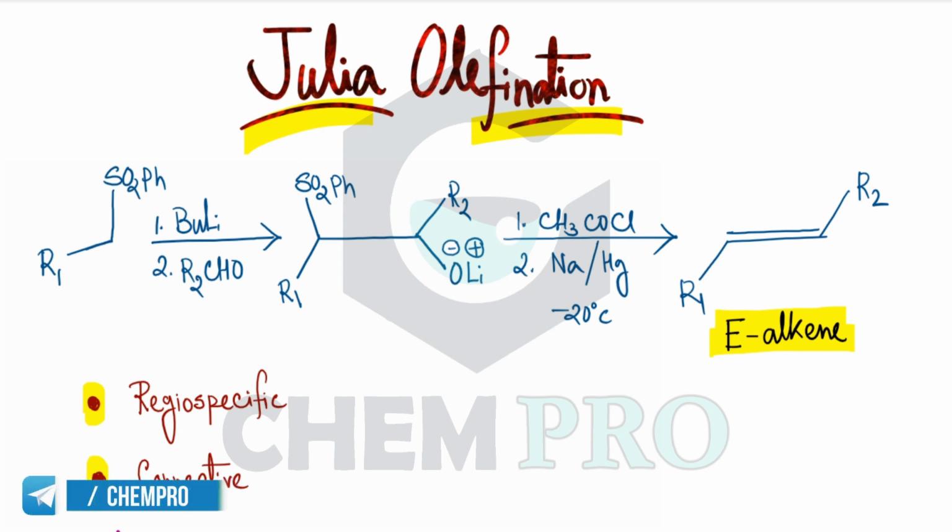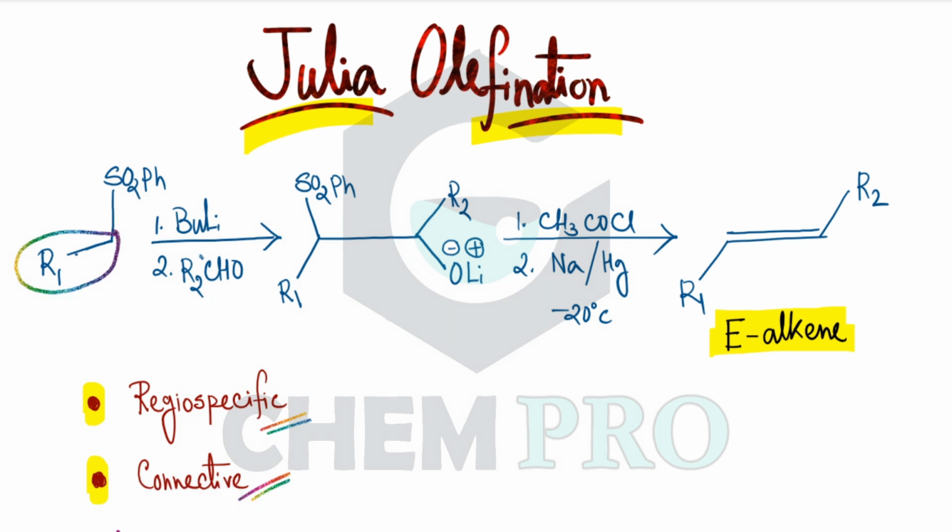Here two fragments, this fragment and this fragment R2C, connect with each other and ultimately form an E-alkene, exclusively an E-alkene.